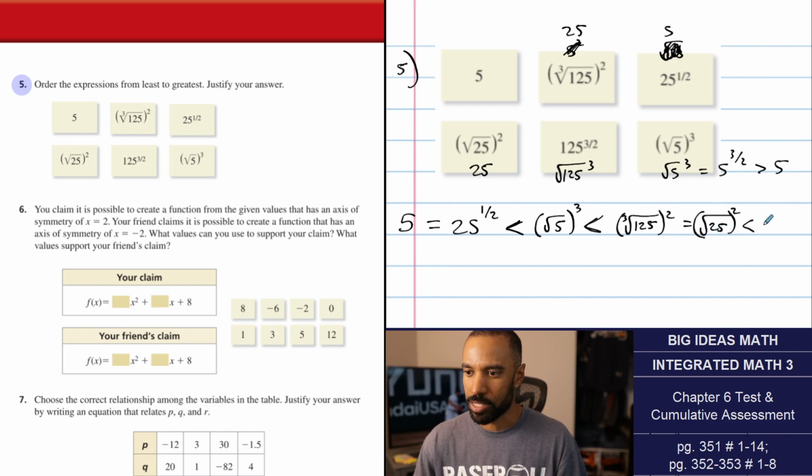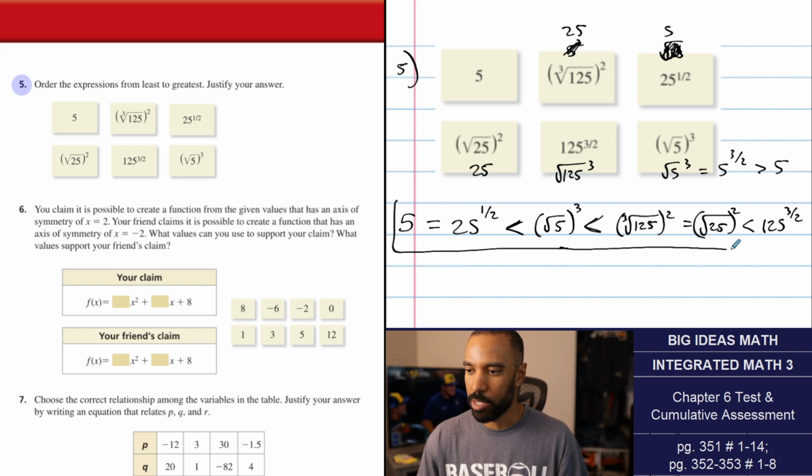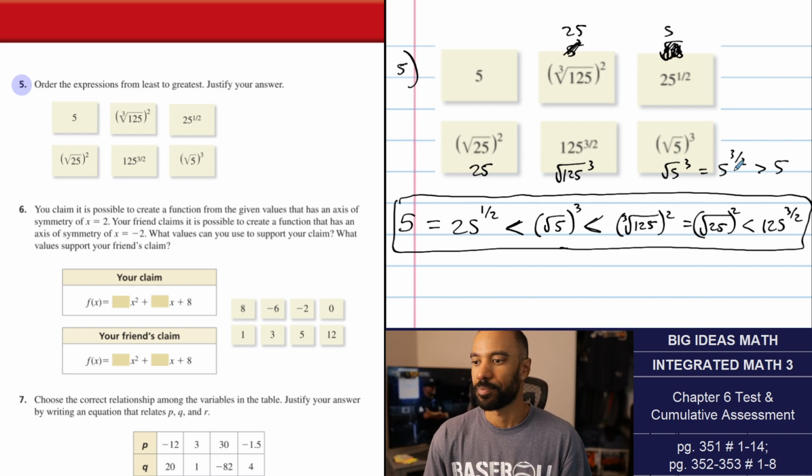And both of these are less than 125 to the 3/2 power. So that's how I'm going to indicate those, ranking them, because some of them are equal. It's kind of a weird thing to put there, but that's how I'm going to write it. Okay.